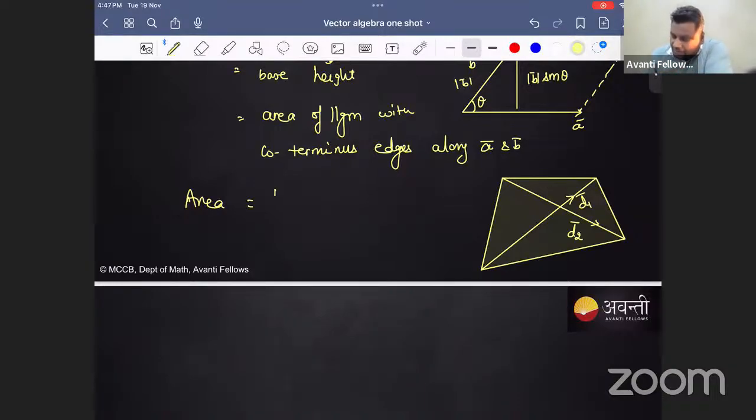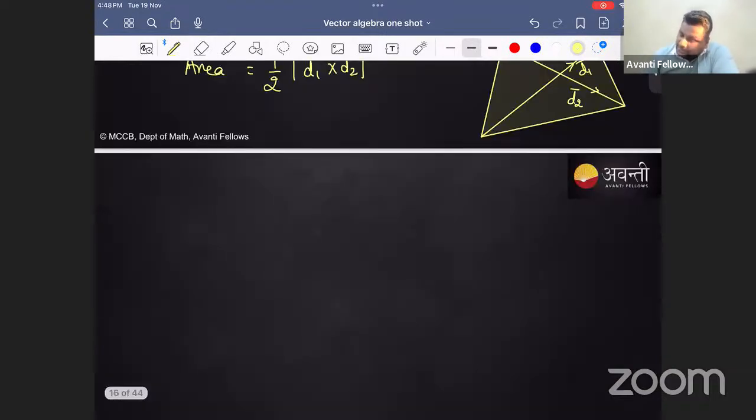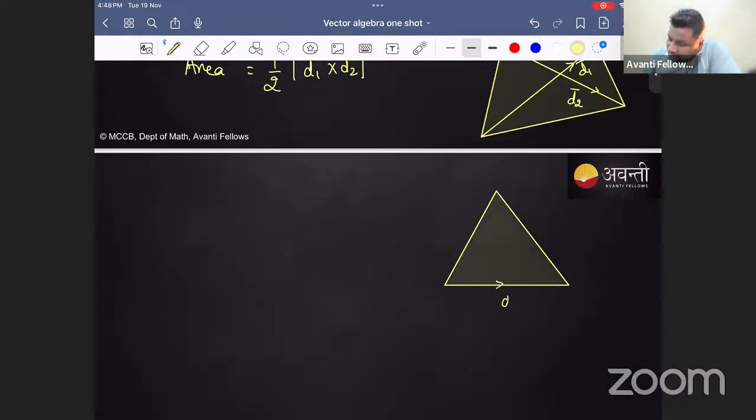Area will be half of D1 cross D2. Got it? So if one diagonal is along D1, the other is along D2, then area will be half of D1 cross D2. Now another thing, if this is a triangle, this side is along A, this side is along B, then area of triangle will be half of magnitude of A cross B. Got it?